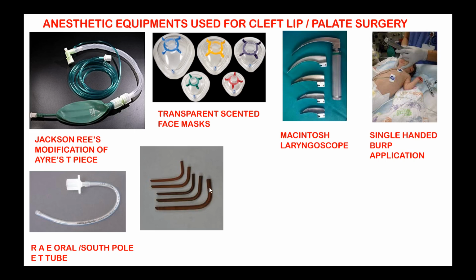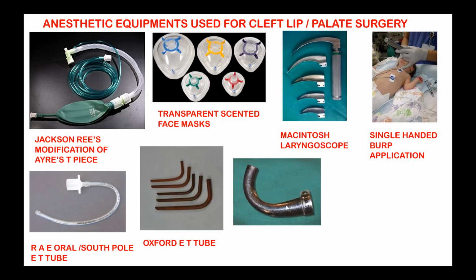Material is right, but any name for that? It's called Oxford ET tube. That was the tube we originally used when we were all postgraduates, but not now. And this is a metal connector used to connect the rubber tube to the breathing circuit. This is called the Magill's metal connector.